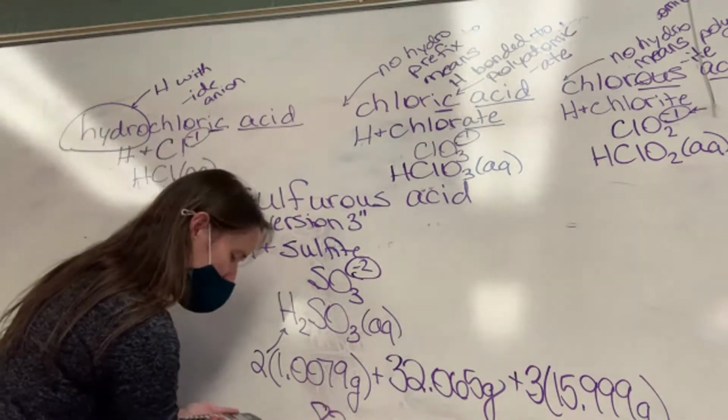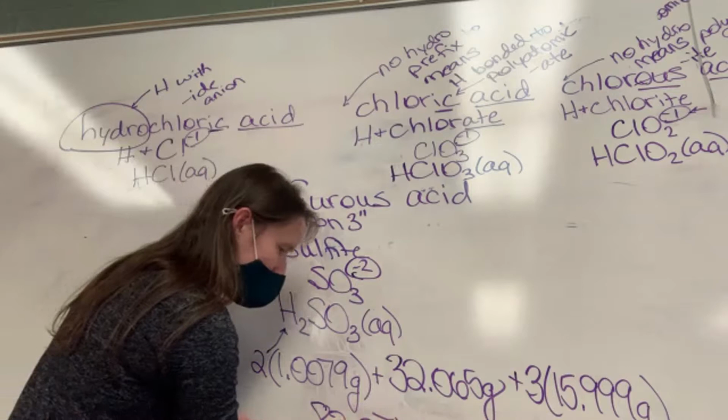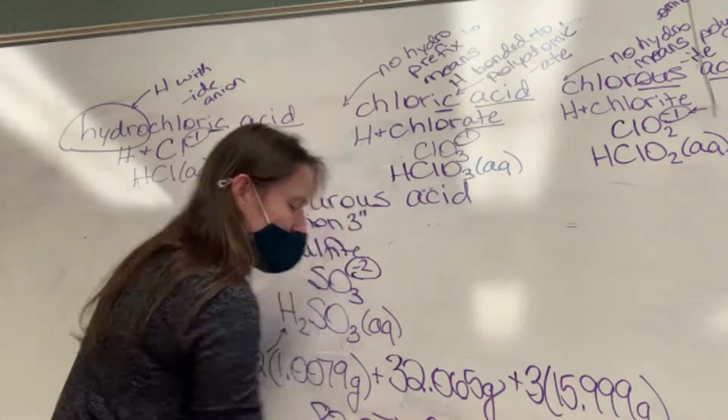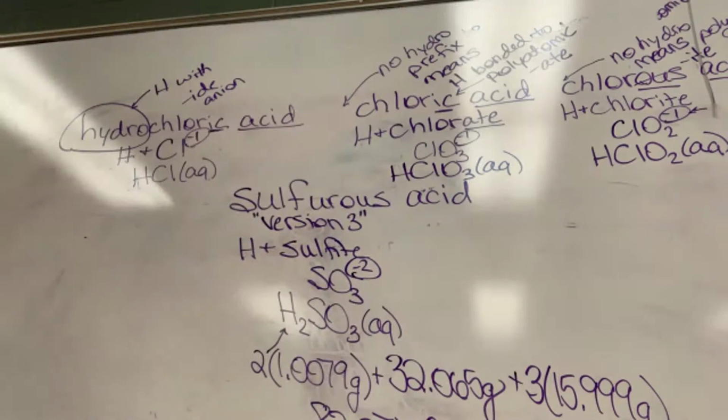So if you add it up, it's 82.0778, and the units are grams per mole. Remember, if it's a measurement, it has units, and the units for molar mass are grams per mole. So it's 82.0778 grams per mole for this substance.